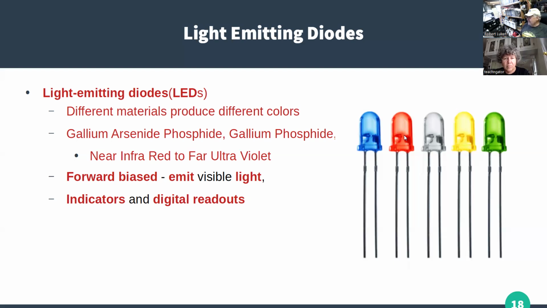The color of the light is in the basic diode being emitted also. We use them as indicators for something being on or off, like maybe a red light if it's an error type indicator. They're used as digital readouts. If you've seen a lot of the old 7-segment displays where they have these little diodes embedded to make a number or letter.